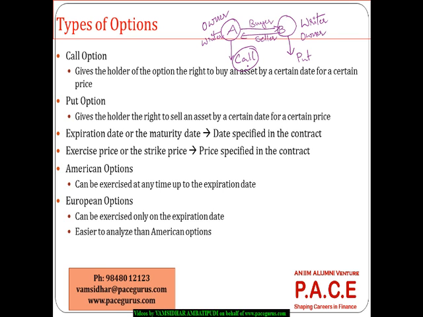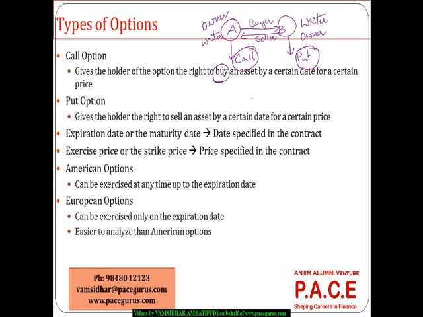Because he is acting in the role of a buyer of the asset, he has the right to buy the asset at a future date for a future price. If he really wants to buy it, he will buy for that price. If he thinks it is not worth buying, he can very well back out of the contract. There is no obligation for him to buy from B.